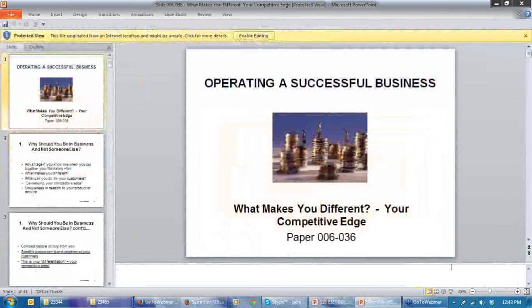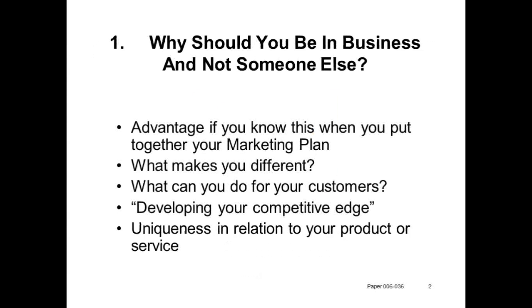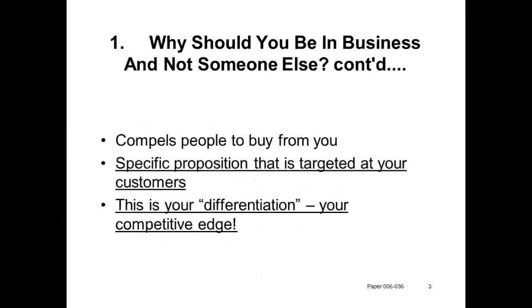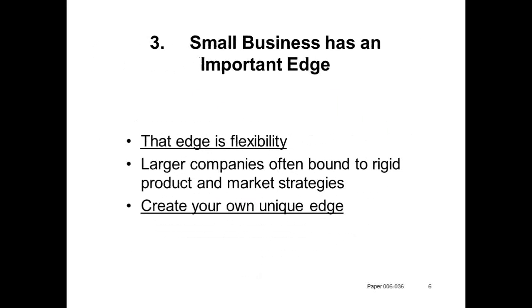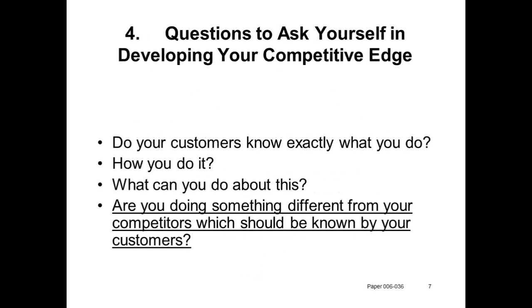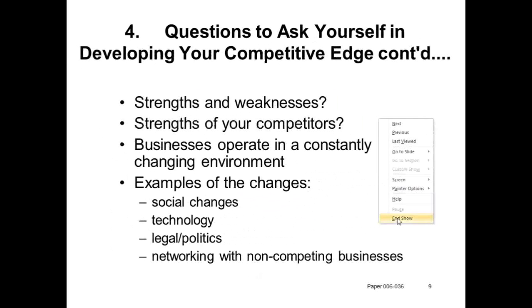And the operating a successful business, here's the PowerPoint slides that are there ready for you to use in that seminar or webinar. So everything is there ready for you to use.